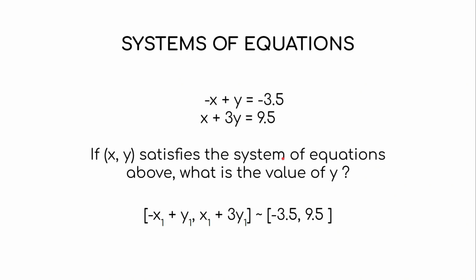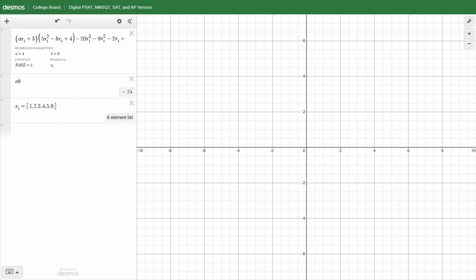Now the thing for all regression equations, whether you're doing linear, quadratic, exponential, or if you're trying to solve for unknowns or for systems, you always want to put a 1 after every single x and every single y, and instead of an equal sign, you want to put a tilde. And then if you're solving for unknowns in Desmos, make sure to always set a list of values for x1. Now the number of values will depend on the number of constants you have, but other than that, it doesn't matter what numbers you put inside this list.